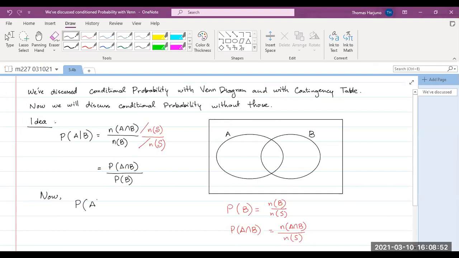Probability of A given B is equal to, on the denominator, instead of the number of elements in B, we use the probability of an element in B. On the numerator, instead of the number of elements in the intersection, we use the probability of the event in the intersection. If you think about it, it's still the same though. On the bottom, you deal with the condition only. On the numerator, you deal with both.